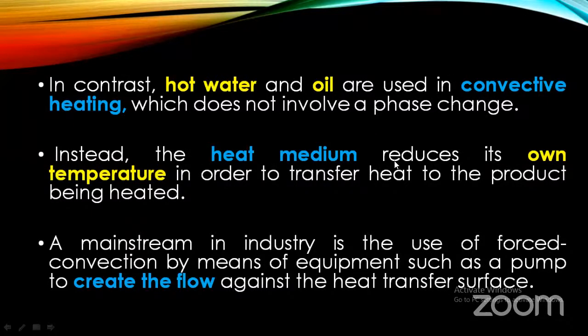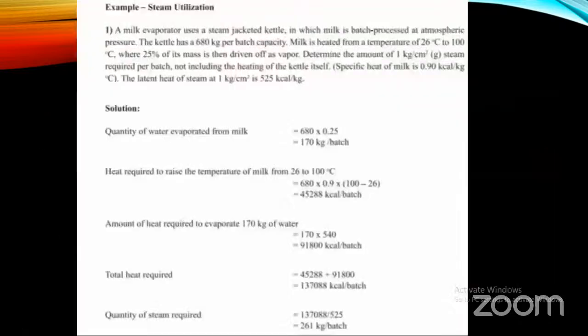Here the heat medium reduces its own temperature in order to transfer heat to the product, so there is a reduction in temperature at one end and a rise in temperature at the other end. In order to increase this kind of efficiency, when a working fluid of hot water or oil is used, we use a forced convection method, with an externally powered pump to create the flow and increase the heat transfer.